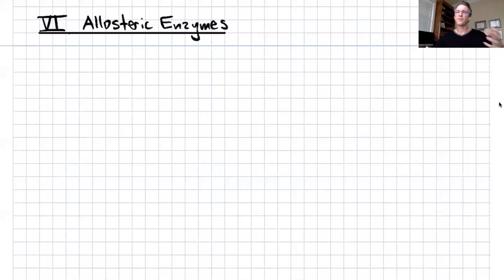All right, guys, let's finish up our discussion of some of the basics of enzyme behavior by considering how this conformational change stuff can be used in other ways. We just had a discussion in the last video of the idea of conformational changes in enzymes.